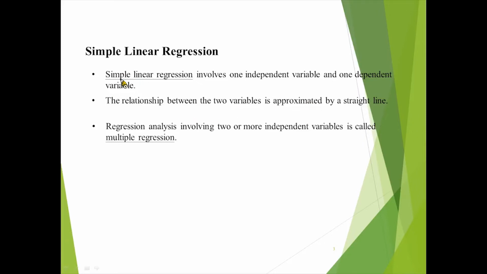Simple is just one independent variable and one dependent variable, and the relationship between the two variables is approximated by a straight line. So you can see a negative relationship, a positive one, or maybe no relationship. Regression analysis involving two or more independent variables is called multiple regression.